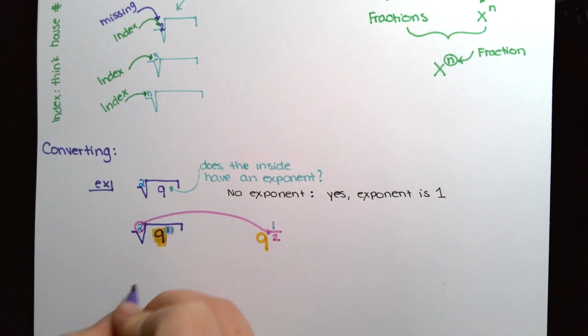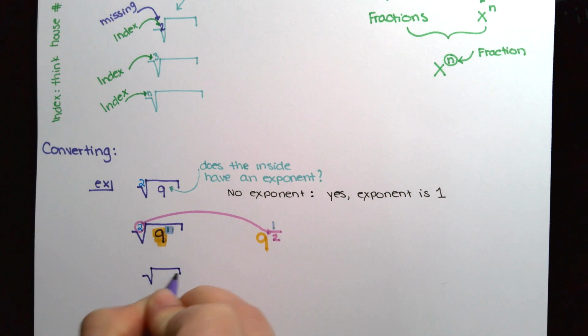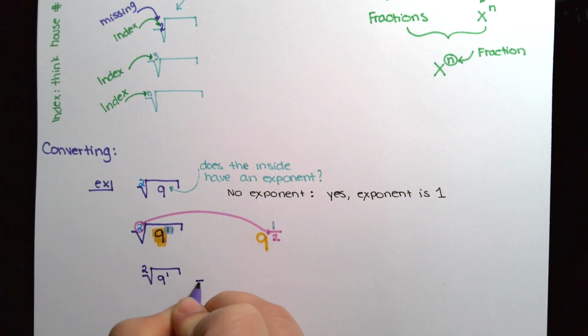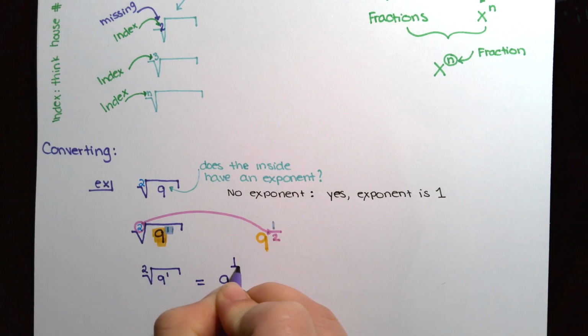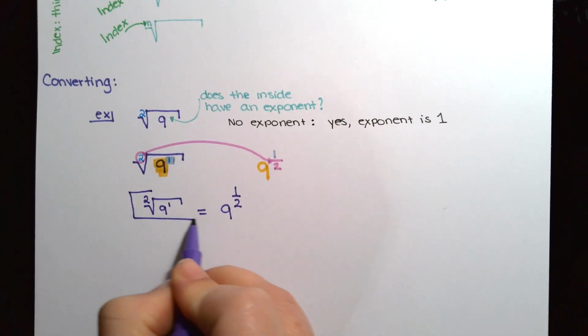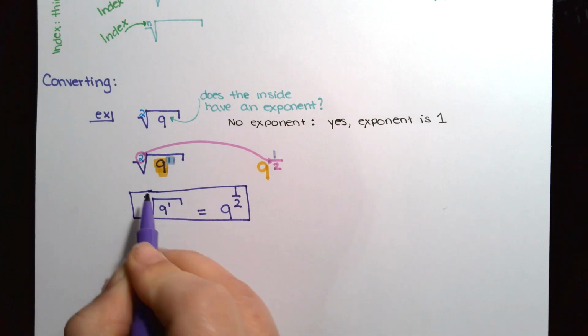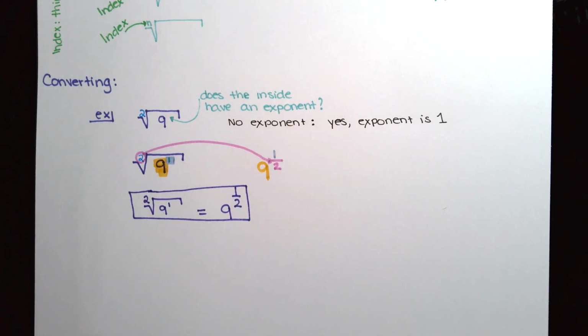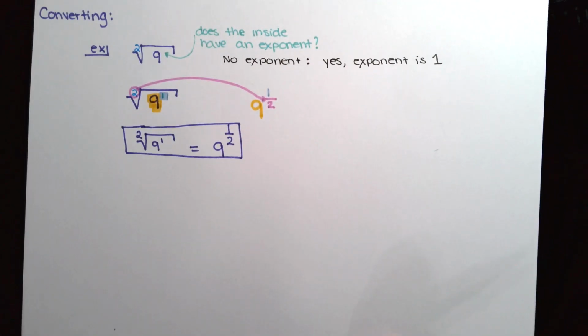So let's write this one more time. The square root with an index of 2, exponent of 1 of 9 is the same thing as saying 9 to the power of 1/2. Now, we know the square root of 9 is 3. So 9 to the 1/2 power is also 3.